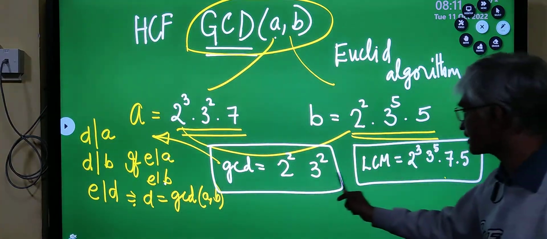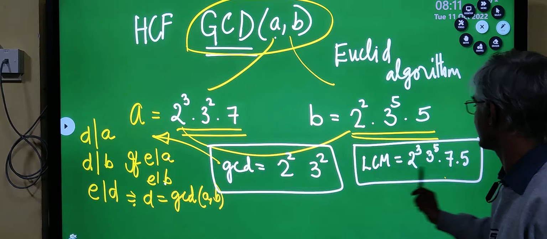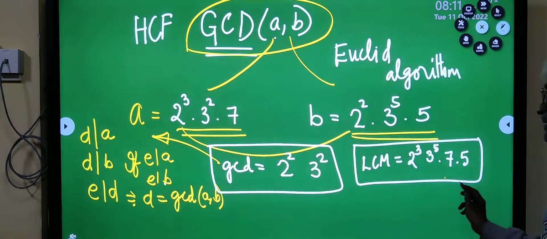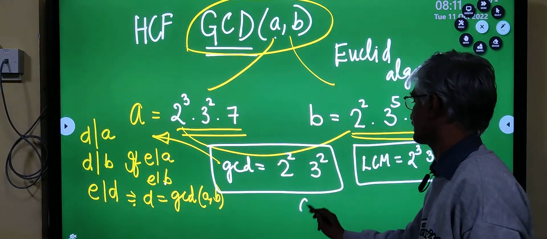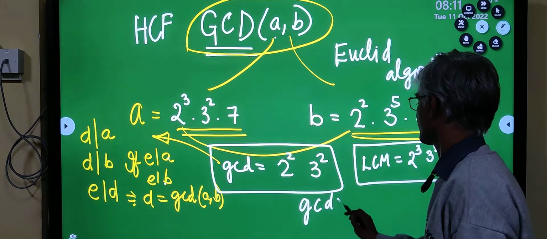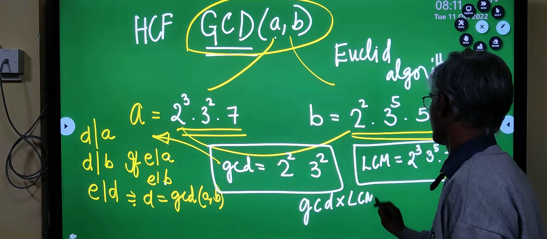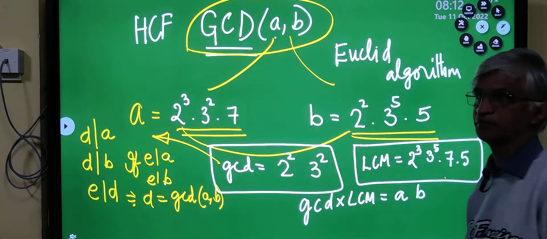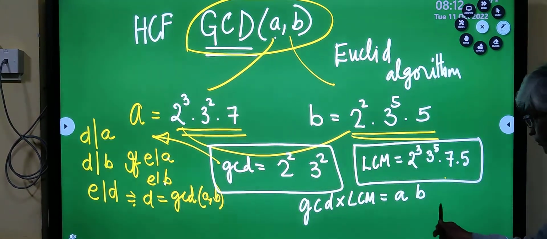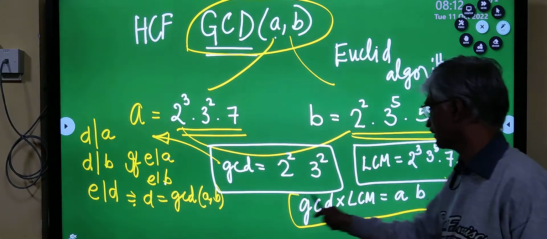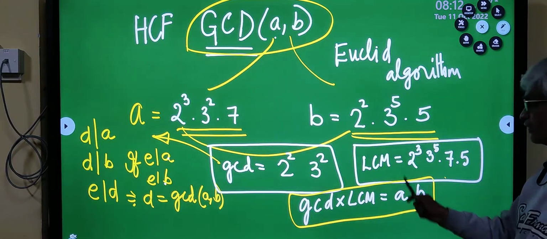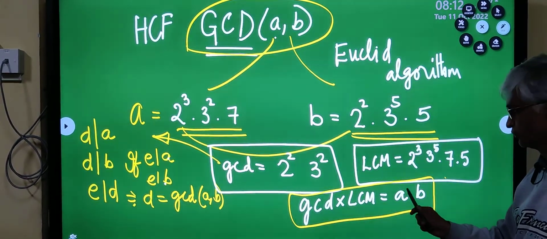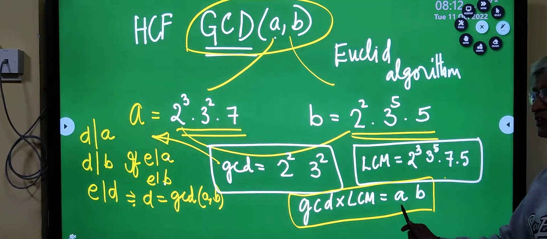Now, just the way we have written down the GCD and the LCM, you can very clearly see that GCD into LCM is actually equal to the product of the two numbers A and B. Now this is a very neat formula and may not be so easy to prove, though it's an important fact that you should remember.